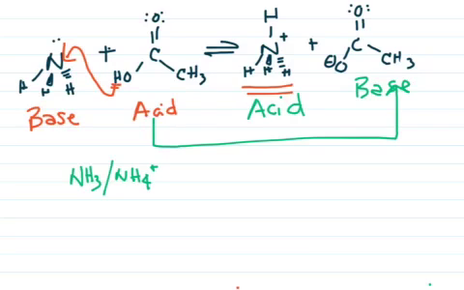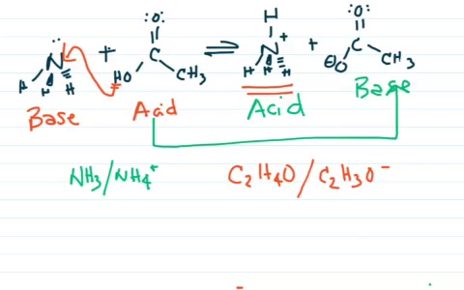For the acetic acid, we have C2H4O2 as our acid, while its conjugate base gives us C2H3O2 negative. So this is what we mean by conjugate acid and conjugate base.